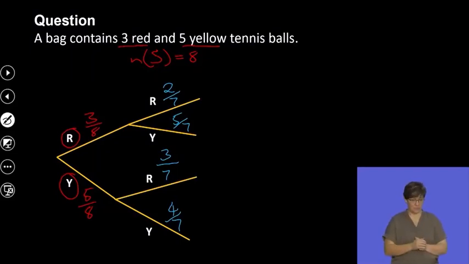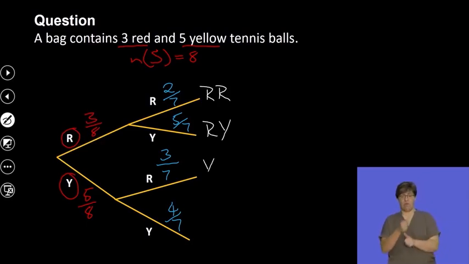These ones add up to 1, these ones add up to 1, and so we're on track. This option over here gives me a red-red. This one is a red-yellow. This one is a yellow followed by a red, so it's yellow-red. And this one is a yellow-yellow.